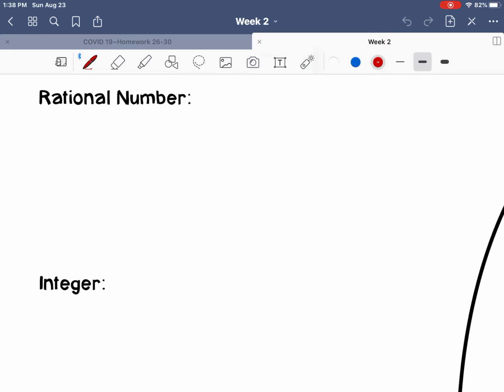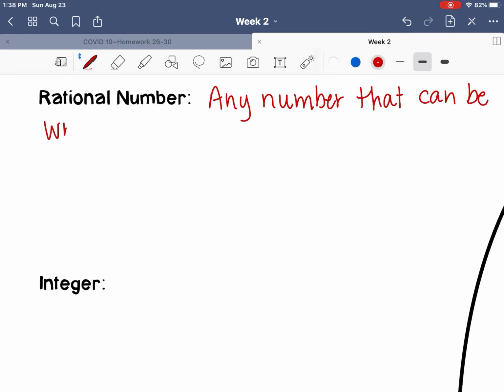A rational number is any number that can be written as a fraction.